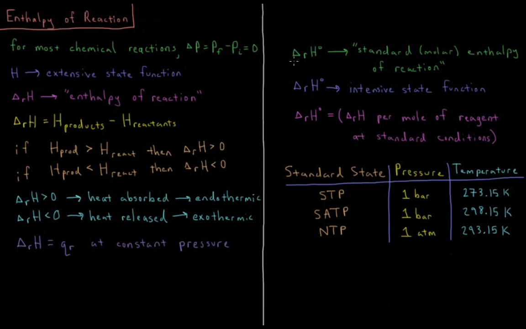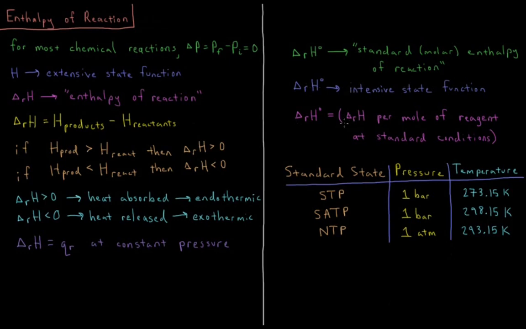Okay, we can also define the quantity, the standard molar enthalpy of reaction, where the molar enthalpy is a state function. So the molar enthalpy of reaction is an intensive state function. So it is per mole of reagent.